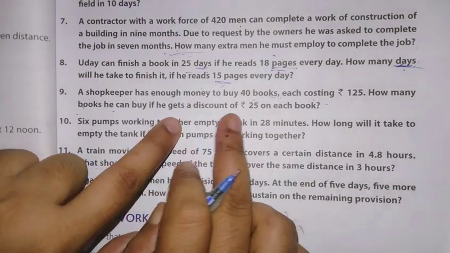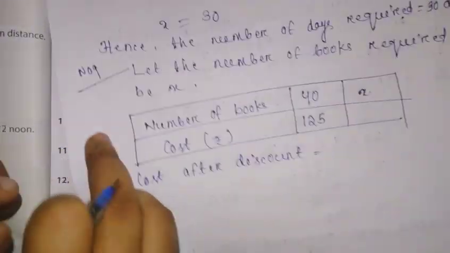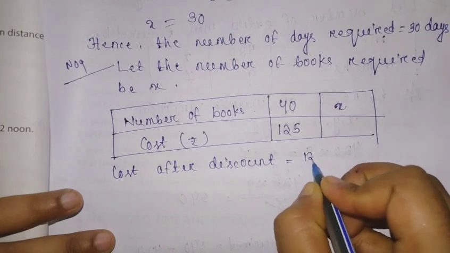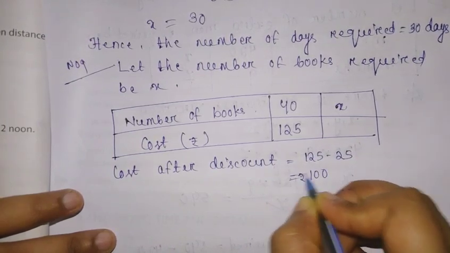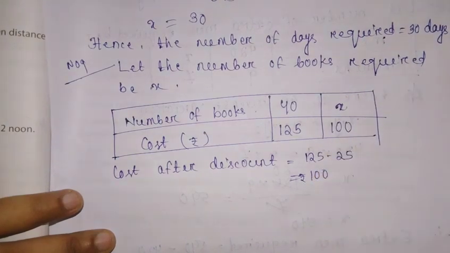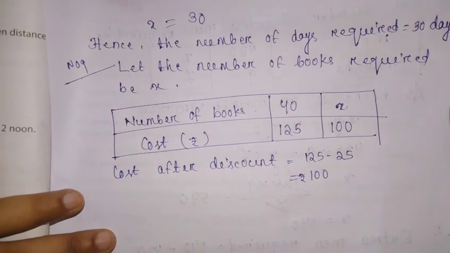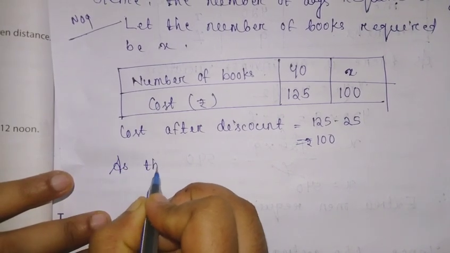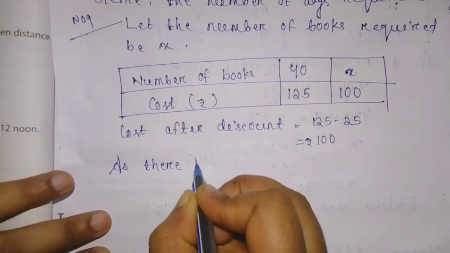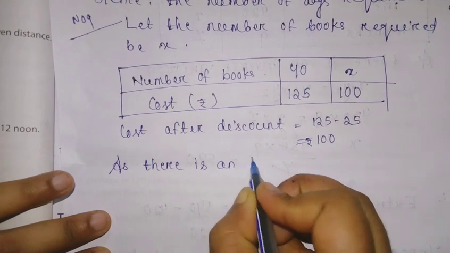Cost after discount equals 125 minus 25 equals 100. Then we put 100. As there is an inverse variation.